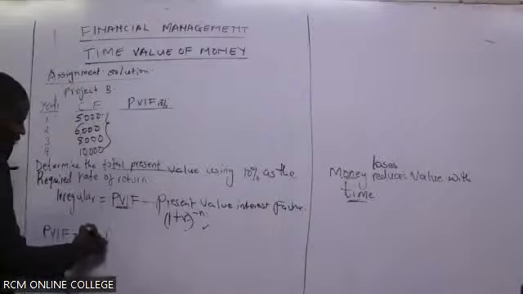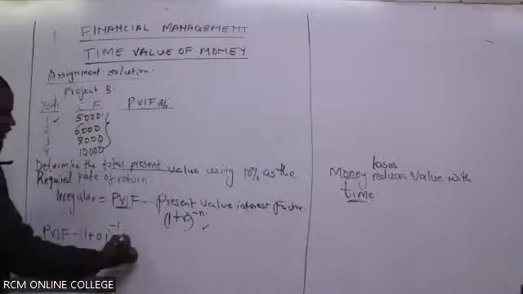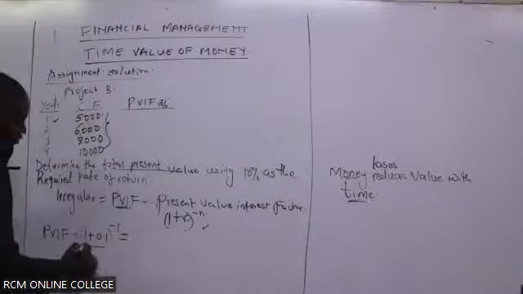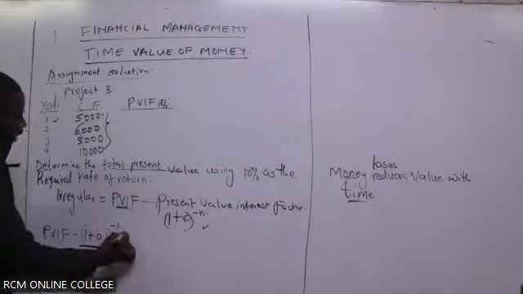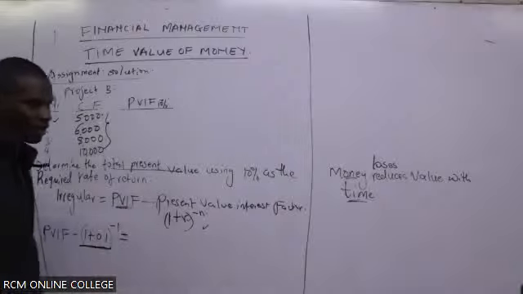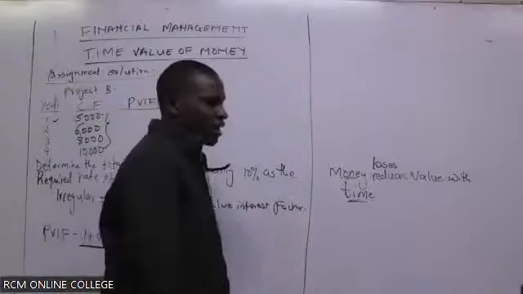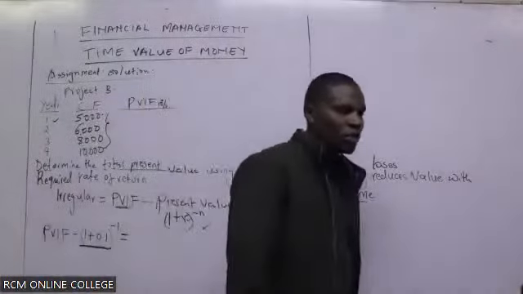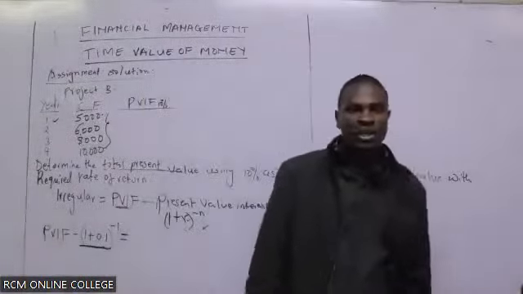Then I put this in brackets, raised to power negative 1 for year 1. I want somebody to first of all give me this. You can use a calculator to compute that, or else you can use a table.